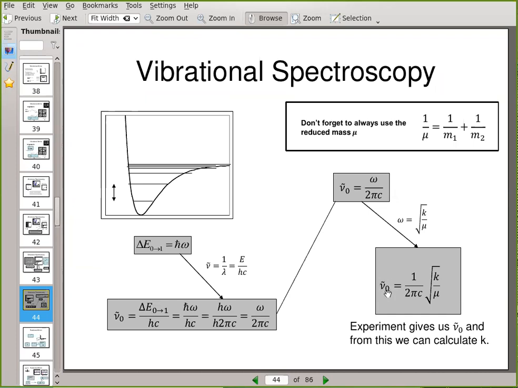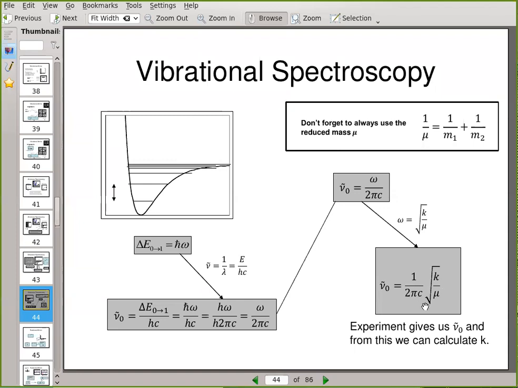So if we measure it and we get a wave number from it, let's see what else we can find. These are all constants. 1 over 2 pi c is constant. What about the reduced mass? Oh, we'll know what molecule we're putting in. If it's carbon monoxide, we know it's carbon monoxide, and we know what the reduced mass is, so we can put that in.